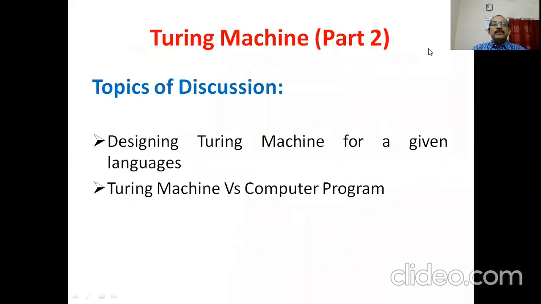Today, we will discuss how to design a Turing machine for given languages, meaning for a regular language, for a context-free language, and for a non-context-free language. And the next topic of discussion is Turing machine versus a computer program.